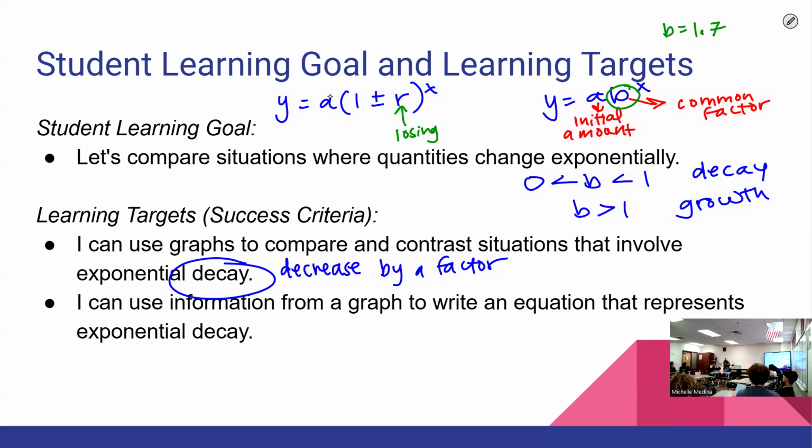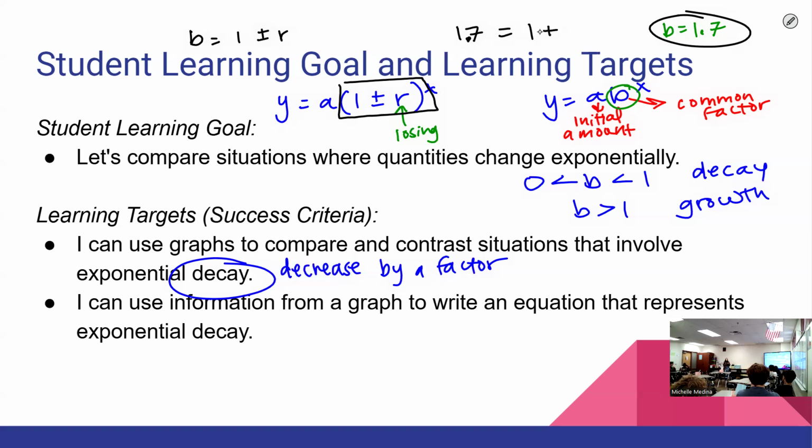The difference between these two is that B is replaced with this expression. So B can be written as 1 plus or minus R. If my B value is 1.7, would that be plus or minus? If it ended up being bigger than 1, plus, good.